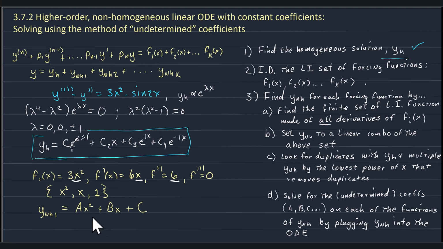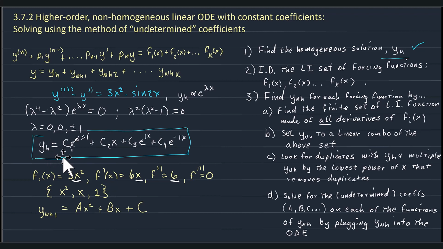And so let's look at this function for a second here. You might recognize that this term bx plus c is essentially the same thing as c2x plus c1, which is in the homogeneous solution.